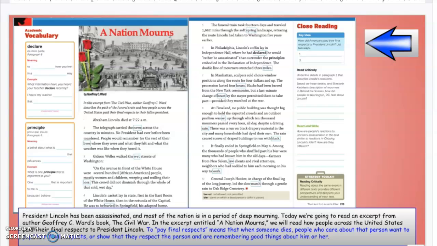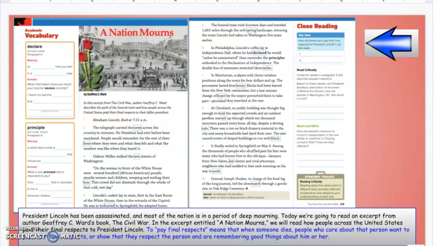So as we read through this, you're going to be keeping in mind, you're going to answer the question, how did Americans pay their final respects to President Lincoln? And you're going to come up with two ways. But as we're reading, I want you to also think, why would most Americans want to pay respects to President Lincoln? Why is that important? Why would the respects or showing their commitment, why is that important?